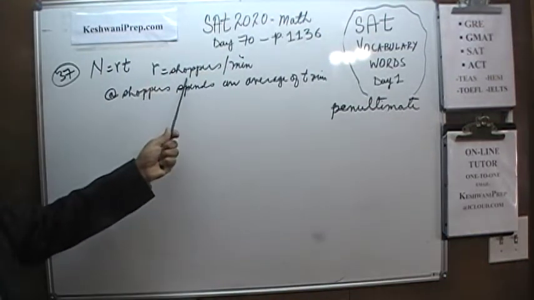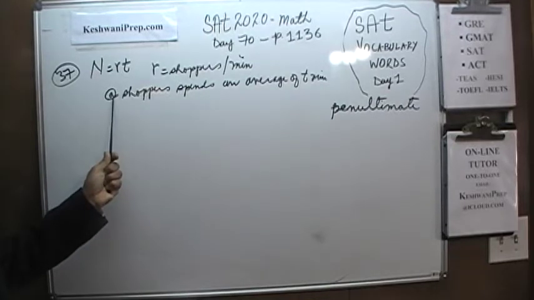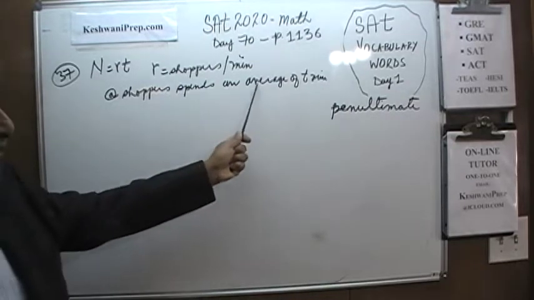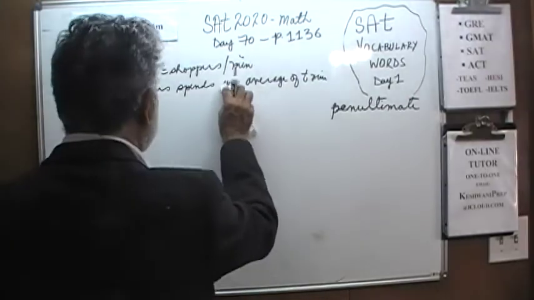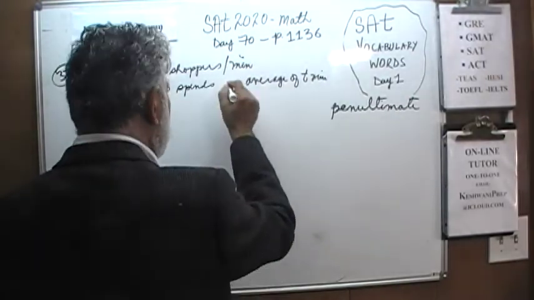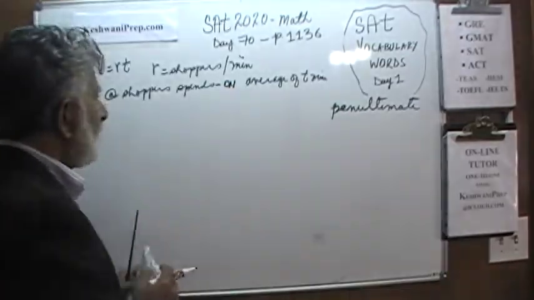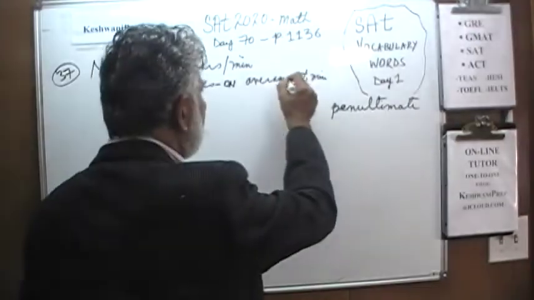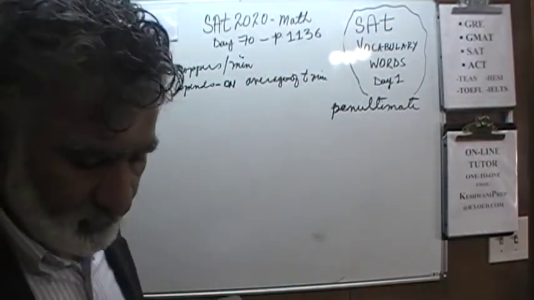R represents how many shoppers per minute walk in the store, and each shopper spends on average T minutes. So if you can estimate that part, you can figure out how many shoppers there are in the store.